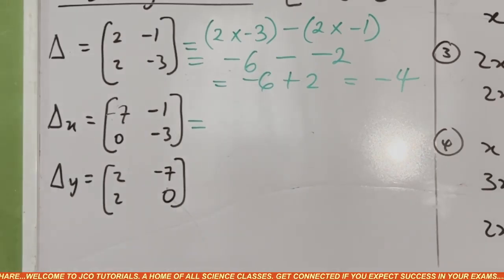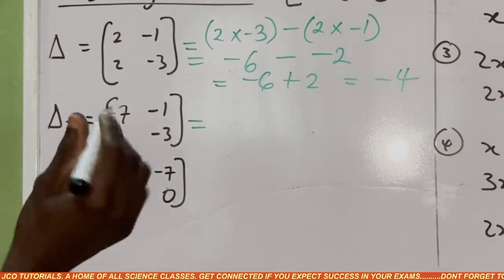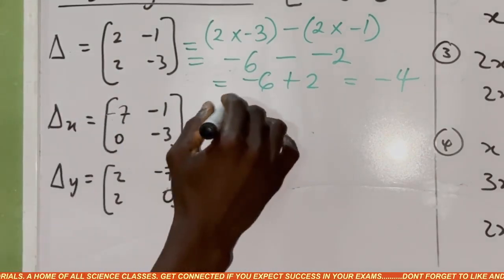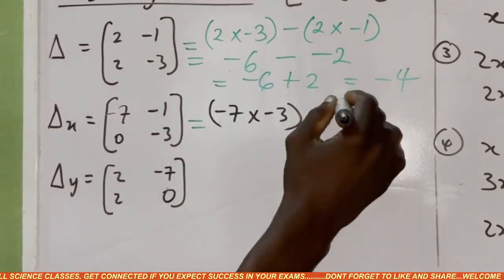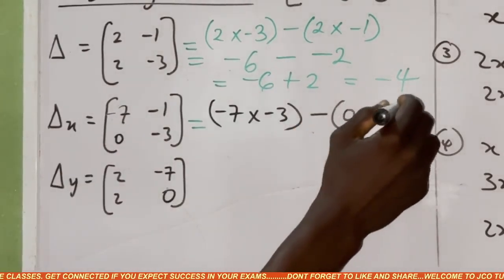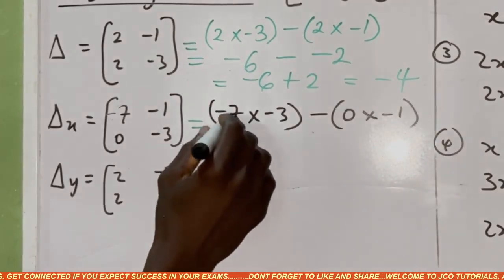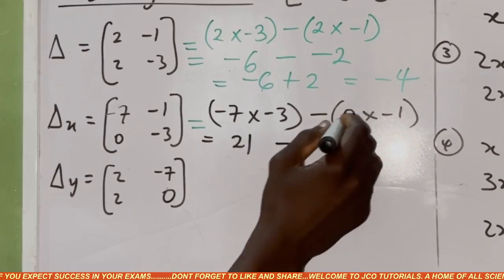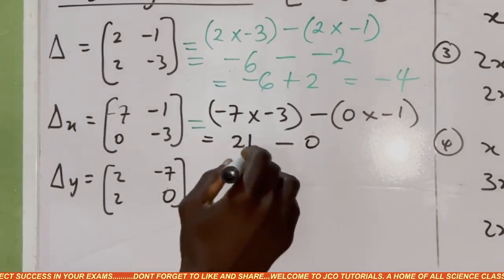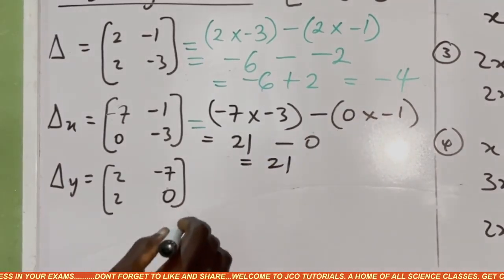That being said, we go to the second diagonal. What is the second diagonal? This is minus 7 minus 3. So minus 7 times minus 3 minus the other diagonal 0 times minus 1. Minus 7 times minus 3, minus and minus is plus. So 7 times 3 is 21 minus 0 times this is 0. When you subtract, you have 21.